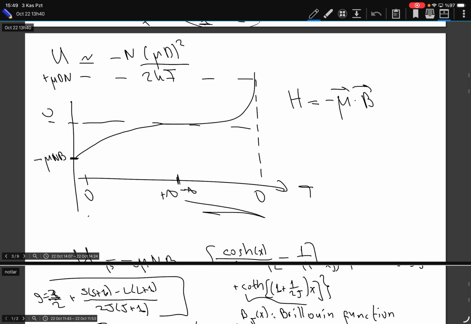And of course, the reason why we are looking at the nuclear magnetic moments is that they interact weakly. The energy transfer from the nuclear magnetic moments to other degrees of freedom will be very slow. So for a measurable amount of time, the system will have a positive energy, which means it will have a negative temperature.